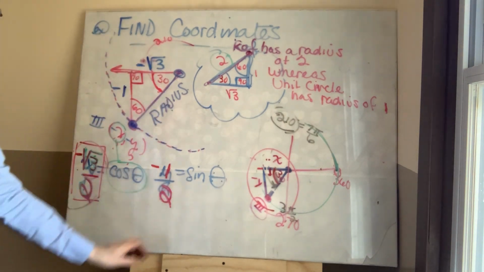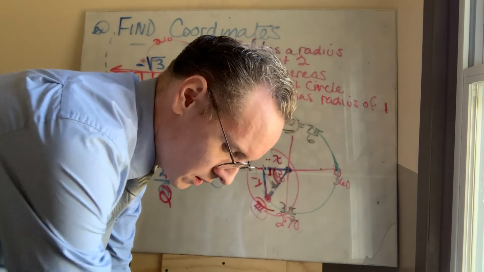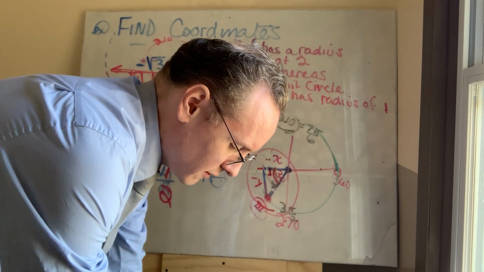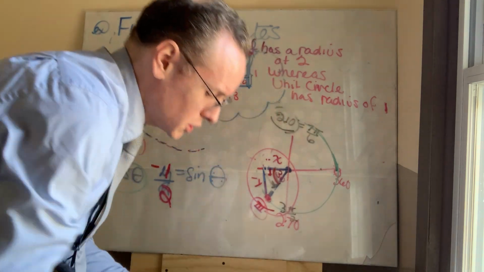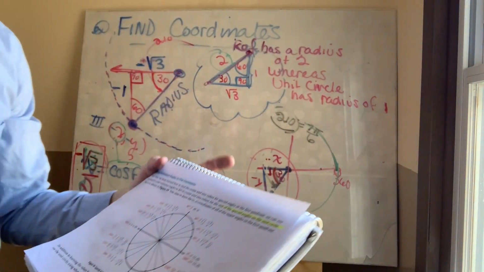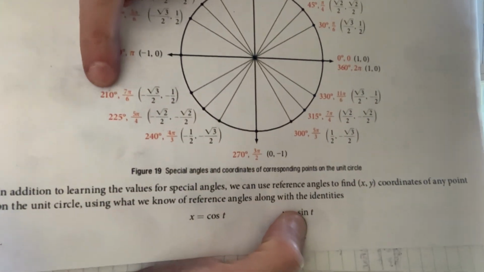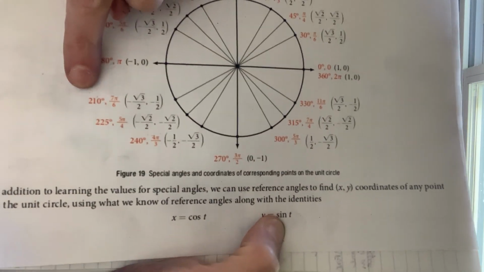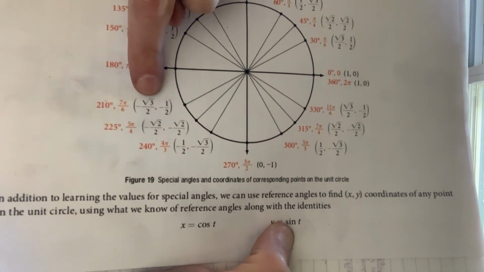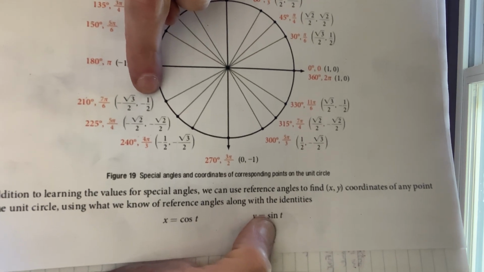And similarly for sine. Okay. Let's see. Here's our reference again. We did the calculation at 210. 7 pi over 6 is really 210 degrees, and these are the dimensions: negative the square root of 3 over 2 and negative 1/2 respectively.